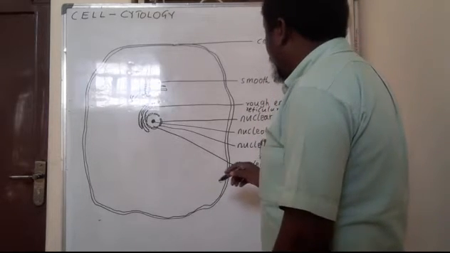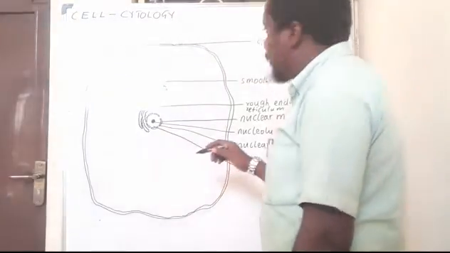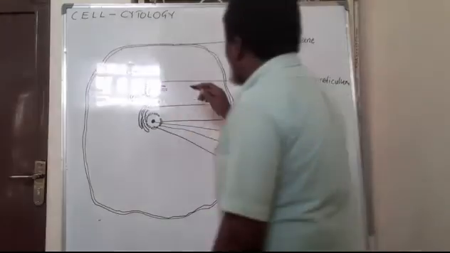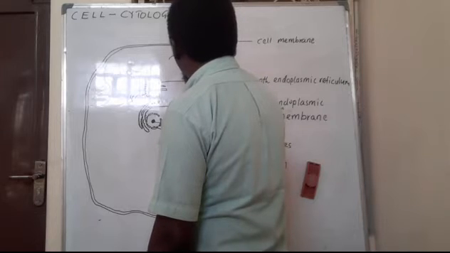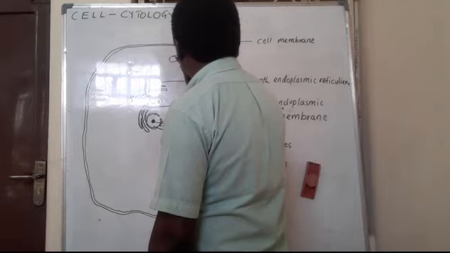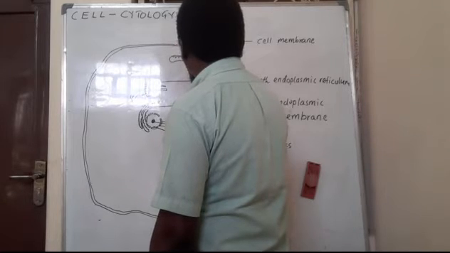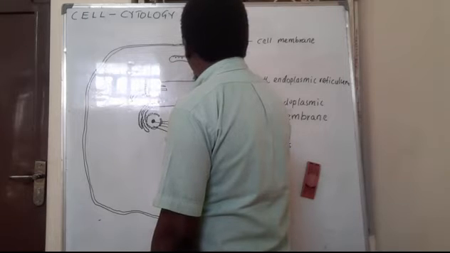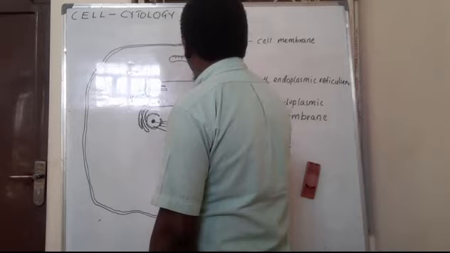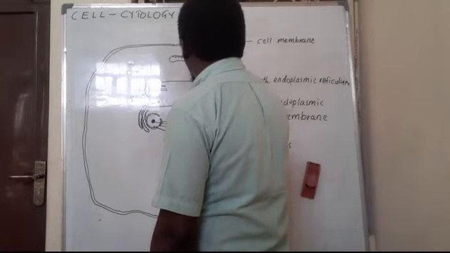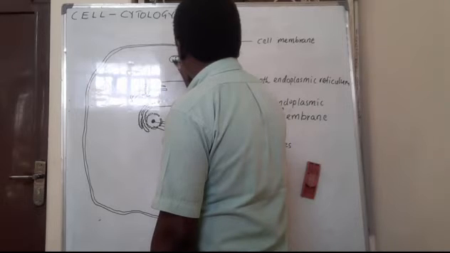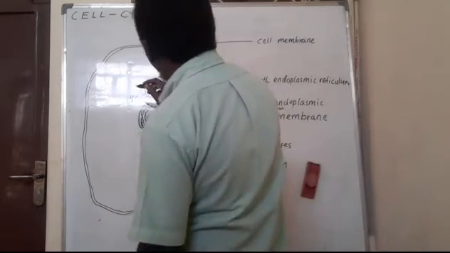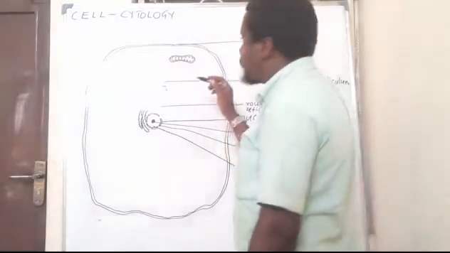Then somewhere in the cell you will see some structures looking like this. And we call them mitochondria.